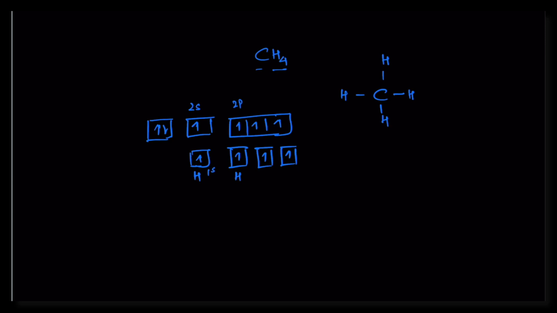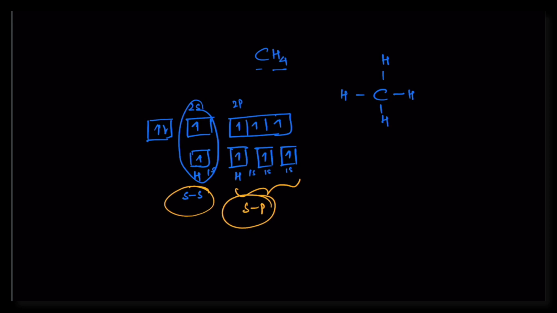Hydrogen's electrons live in the 1s orbital. So in that case, we can see that this bond is going to be formed between s and s, whereas these three bonds are going to be formed between s and p. So these bonds should be different, right? And that's where hybridization comes in.